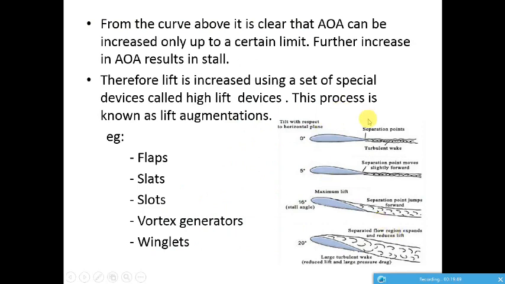So this figure demonstrates the stall point. This is called a stall. Rapid vortex or turbulent flow of air on the upper side of the airfoil surface causes a stall.